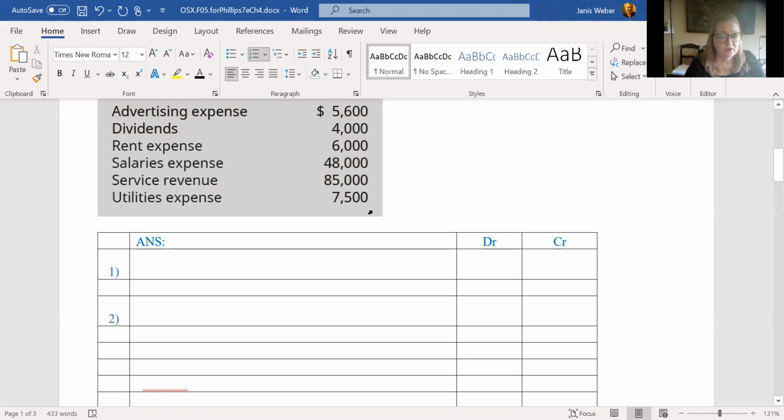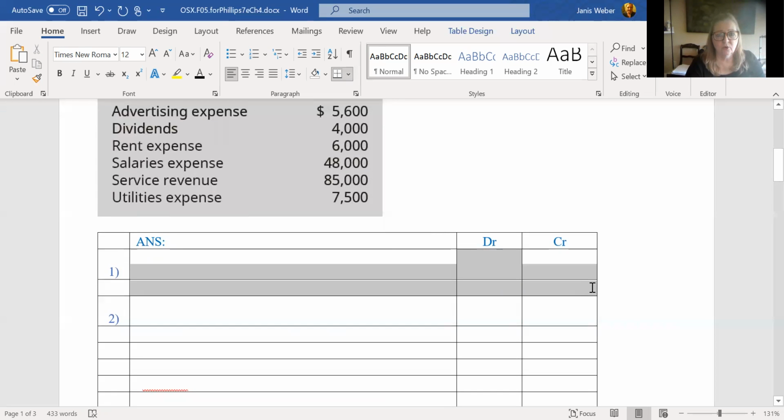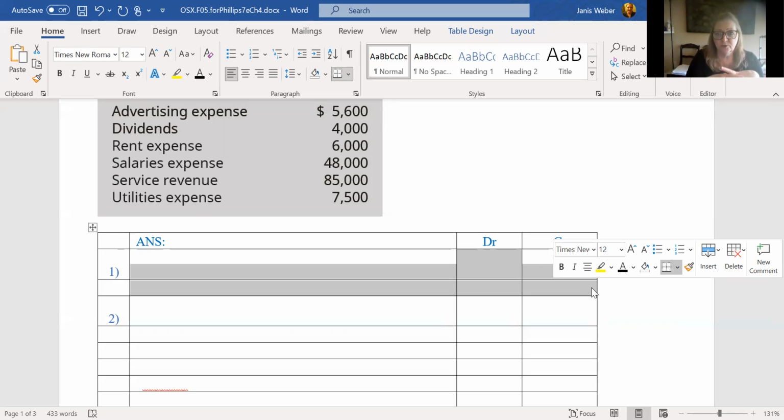So the revenue looks like this. 85,000 is the only revenue item we have. Service revenue. So service revenue is a credit balance account because it's revenue. But when you're closing, you do the opposite, because what you're trying to do is bring the balance in that account to 0 by closing it out.